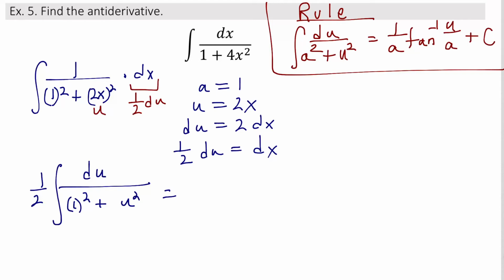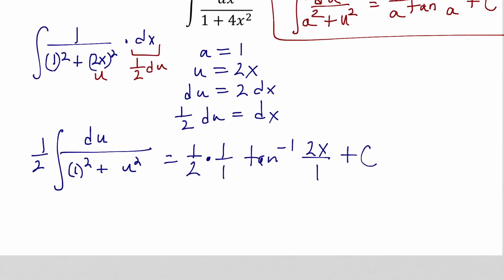So I've got 1/2, then I have 1 over a is 1, then I have the inverse tangent of u, which is 2x, over a, which we said was 1, and then plus c. So just cleaning it up a little bit, I have 1/2 inverse tangent of 2x plus c.